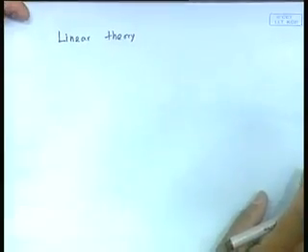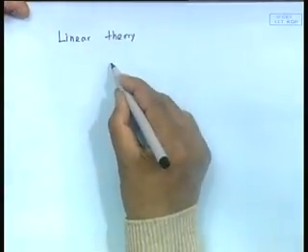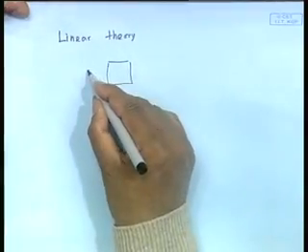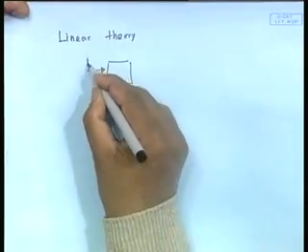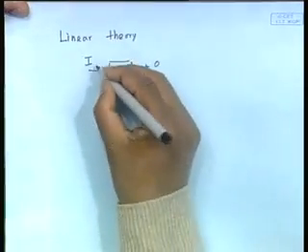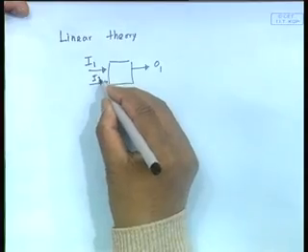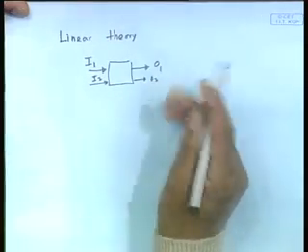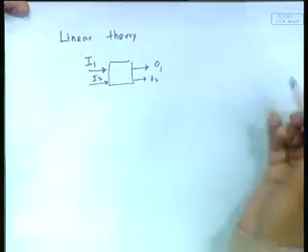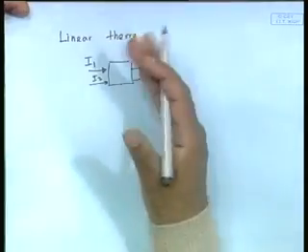Now, linearity implies that if I have, for example, a system like a black box, with an input I1 giving output O1, and an input I2 giving output O2, then if the system is linear, I1 plus I2 would give me output O1 plus O2, or conversely, k times I would give you k times O.